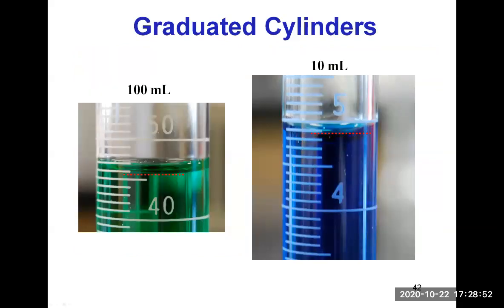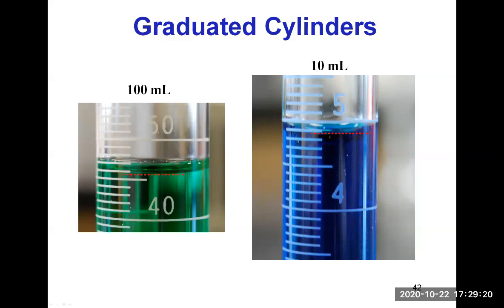Let's practice some more with a 100 milliliter graduated cylinder that is filled between 40 and 50 milliliters. Here again we have a line to show the bottom of the meniscus, because it is important. As you can see, this is a real picture, and the meniscus makes the liquid move up the walls of the container everywhere.